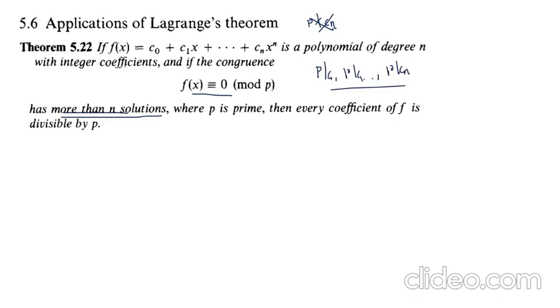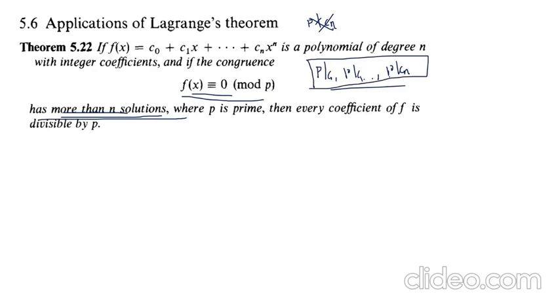So we assume the hypothesis holds. That is, f of x is a polynomial with integer coefficients and this congruence has more than n solutions. We have to show the conclusion. So we assume there are some coefficients that are not divisible by p.